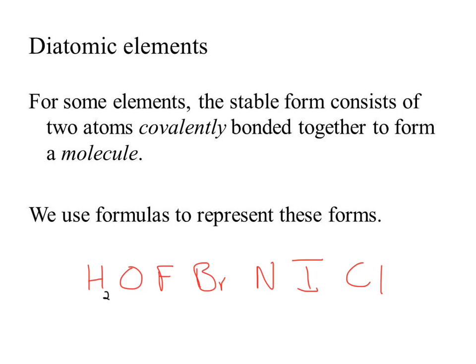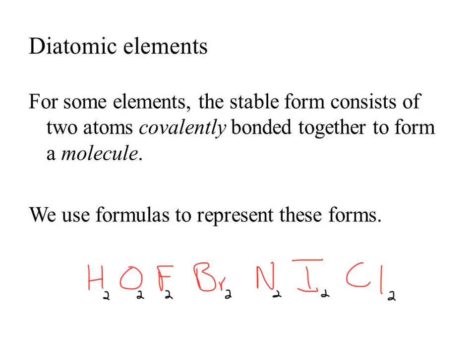So I'll put little subscript 2s next to H for hydrogen, O for oxygen, F for fluorine, Br for bromine, N for nitrogen, I for iodine, and Cl for chlorine. So Hofbrinkel.